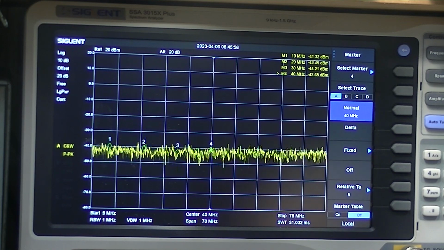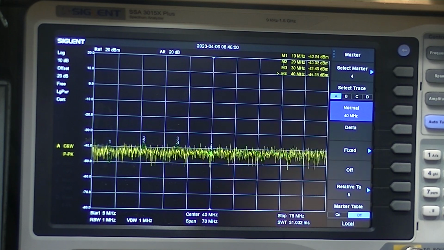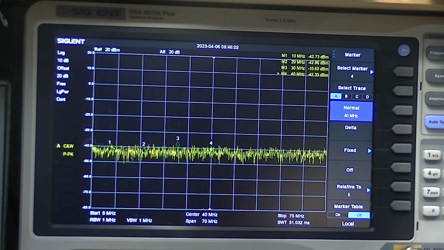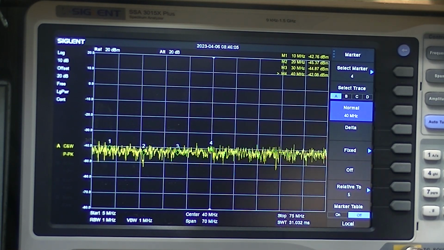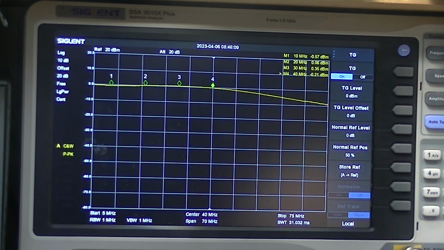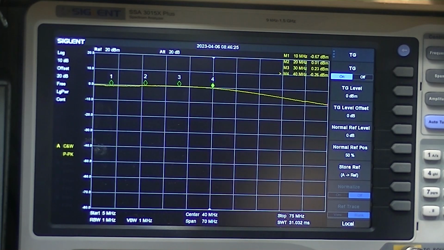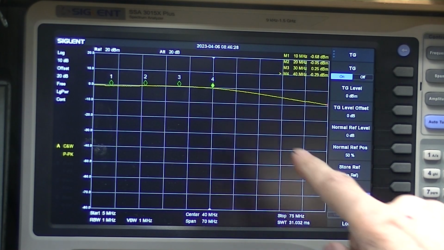Before I put this distribution amplifier to bed, I thought I would look at the frequency response just out of curiosity. I'll turn the tracking generator on. I'm inputting 0 dBm. And I'm outputting 0 dBm. It begins to fall off above 40 megahertz.